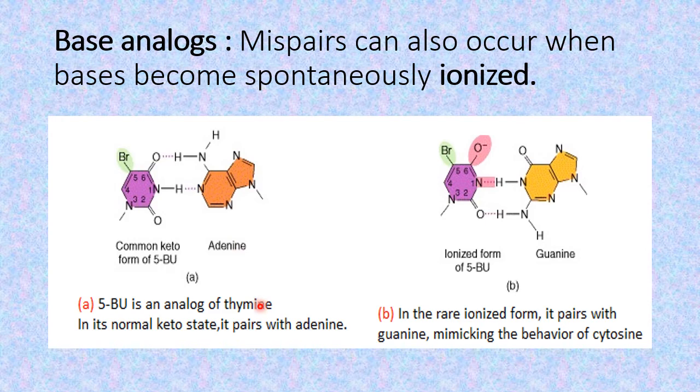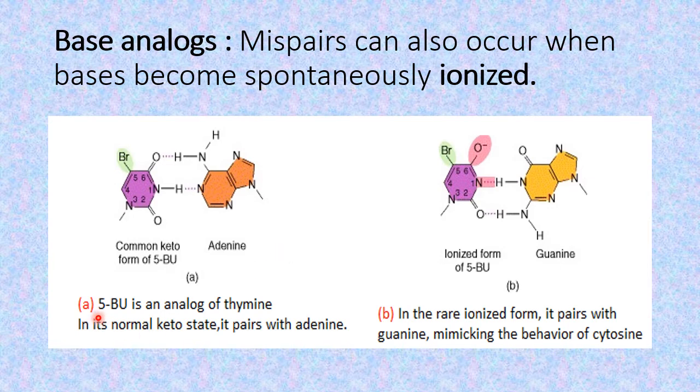But this particular base analog may be ionized. It has this bromine, and because of this bromine, the oxygen which forms the hydrogen bond will get ionized. Because of the ionized form of this base analog, the complementary base pairing alters.